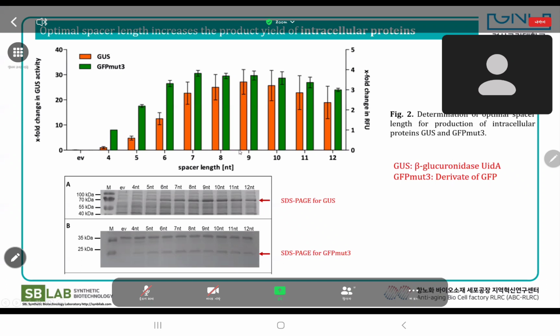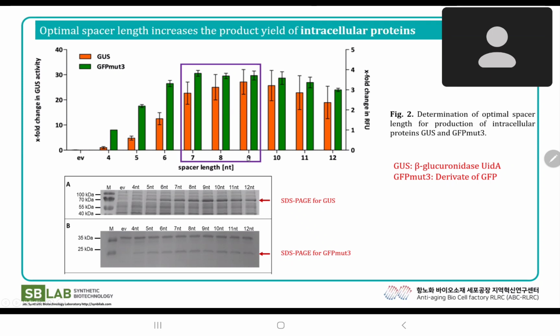So they achieved about the highest yield with a spacer length of 7 to 9 nucleotides, and the yield was a 4-fold increase in the case of GFP, while a 27-fold increase in the case of the GUS reporter protein. And they assayed the relative fluorescence as well as the protein assay.